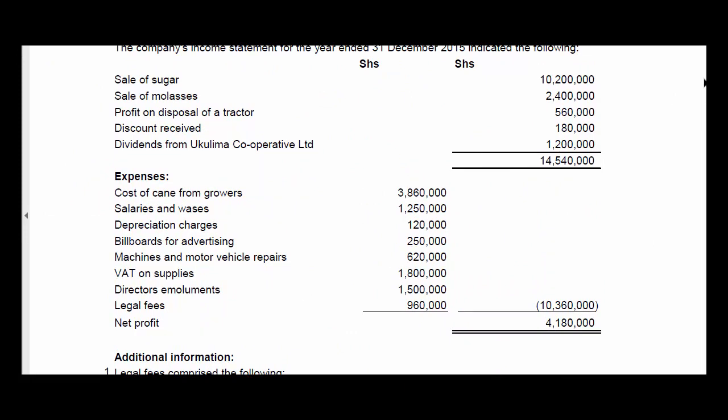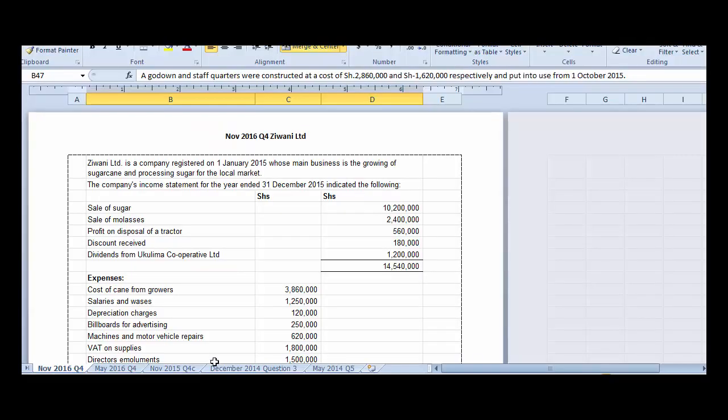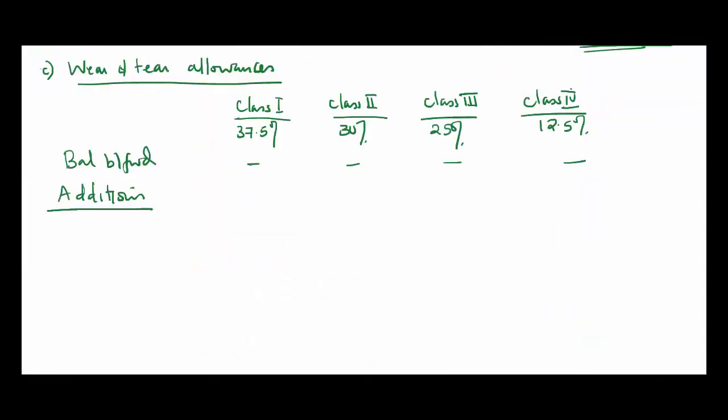Can you see any expenditure that seems to be capital in nature? So cost of cane, no. Salaries, no. Depreciation, no. Billboards for advertising, 250,000. That one seems to be capital expenditure. So let's deal with it. Billboards would fall under class 4.